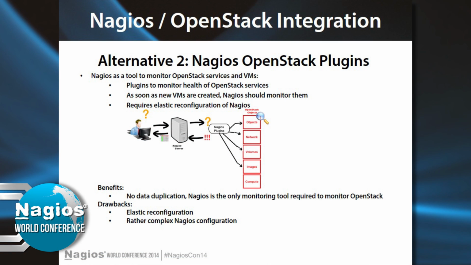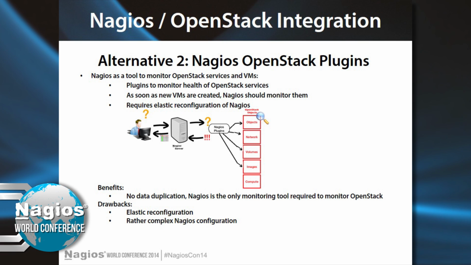Another alternative is to avoid using the Ceilometer tool. With Ceilometer, you gather all the data from the VMs and you feed Nagios with that data. But there's a simpler way. You can just use Nagios to monitor not only the physical hosts, but also the virtual machines. But if you do this, you have to consider that this requires an elastic reconfiguration of Nagios.